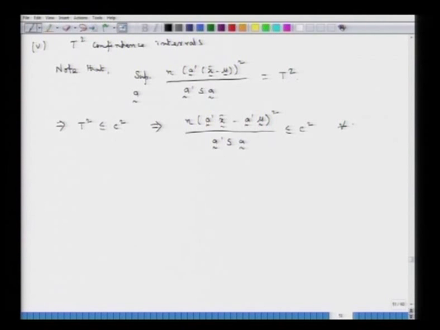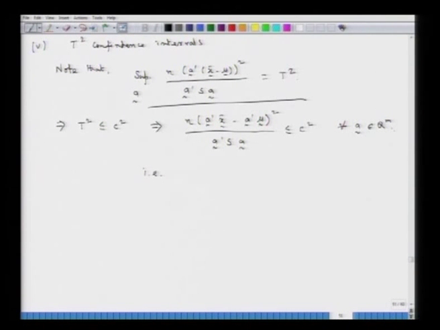This is going to be true for every vector a belonging to R to the power m if x is m dimensional. So in other words, because T square is the supremum of this particular quantity, T square being less than or equal to c square would imply that these quantities will be less than or equal to c square for every possible value of a belonging to R to the power m.